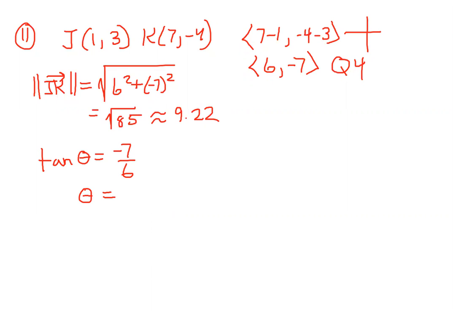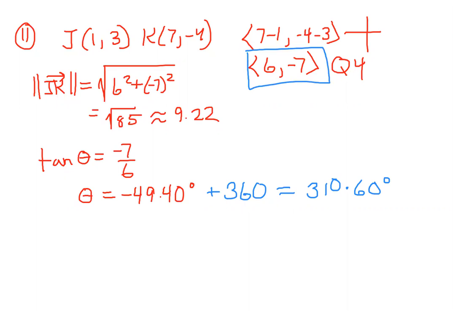From your calculator you get -49.40. But we don't want a negative, so we add 360, and we get 310.60 degrees. So here's the component form, the magnitude, and theta for number 11.